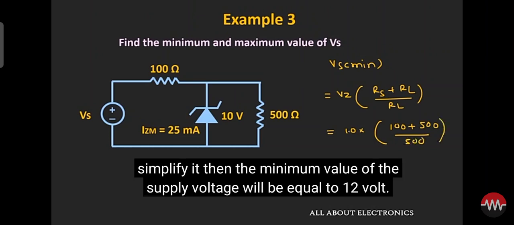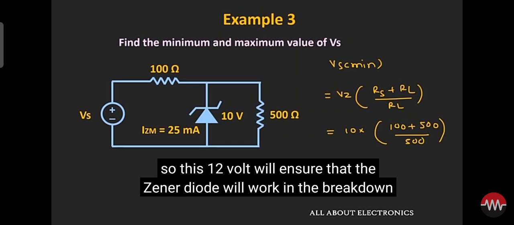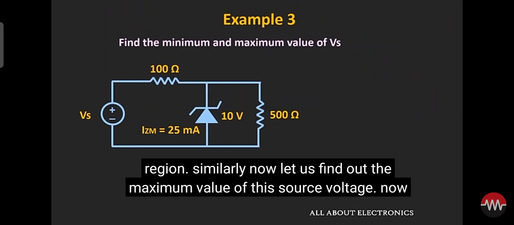And if we simplify it, then the minimum value of the supply voltage will be equal to 12 volt. So this 12 volt will ensure that the Zener diode will work in the breakdown region. Similarly, now let us find out the maximum value of this source voltage.